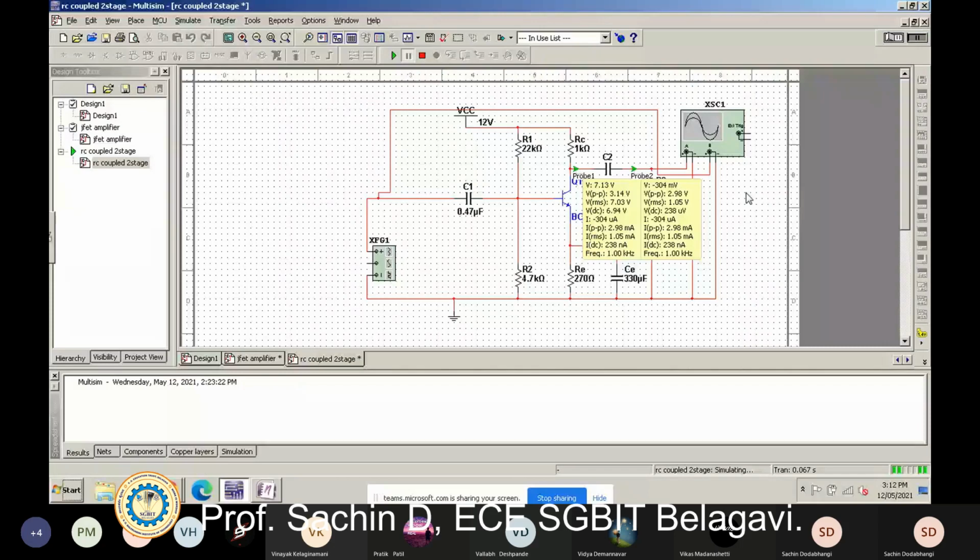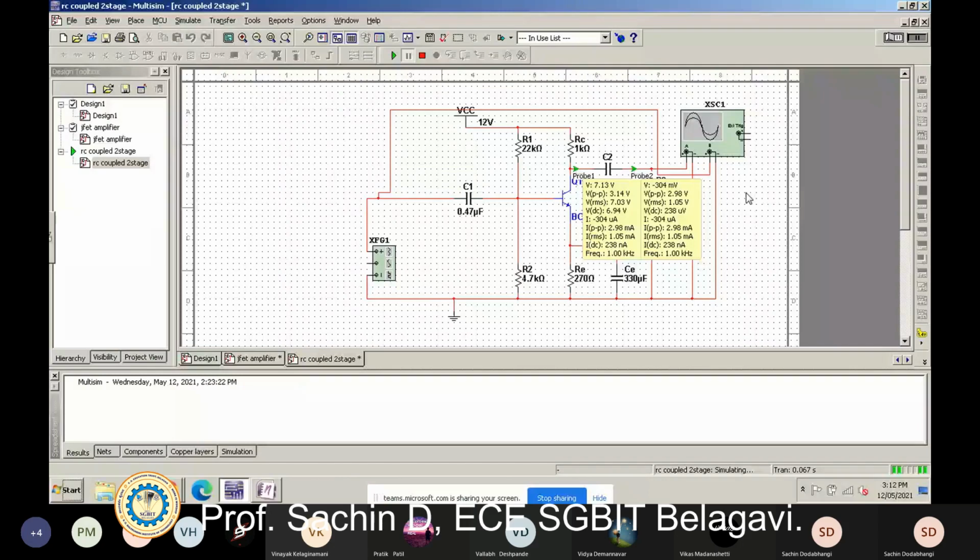Collector voltage is 7.13, and when that voltage passes through the output coupling capacitor, the voltage at the output of the coupling capacitor is in terms of millivolt. Whereas the peak to peak AC voltage is the same.